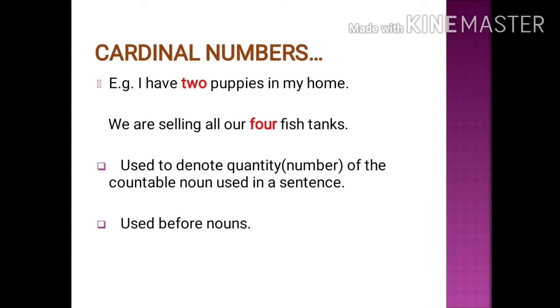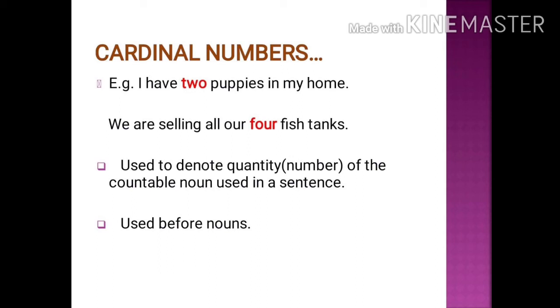So I have used numbers just in front of nouns. Two puppies. Puppies is a noun. Likewise, I have used 4 fish tanks. Fish tanks is a noun phrase, right? So, cardinal numbers are used in front of noun or noun phrases. And cardinal numbers are used in front of countable nouns.